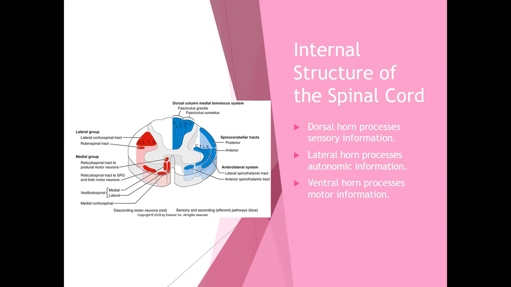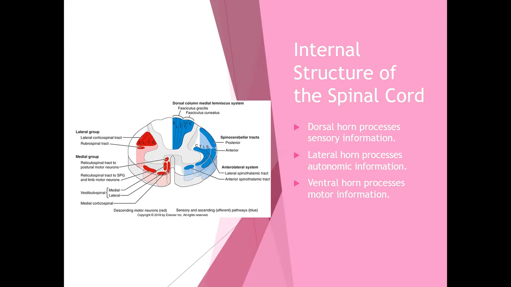it's like an H-shaped pattern of gray matter. So the lateral sections of the spinal gray matter are divided into three regions called horns: the dorsal horn, the lateral horn, and the ventral horn. The dorsal horn is primarily sensory, containing endings and collaterals of first-order sensory neurons, interneurons, and dendrites and somas of tract cells.